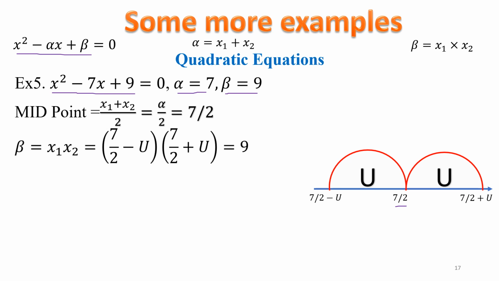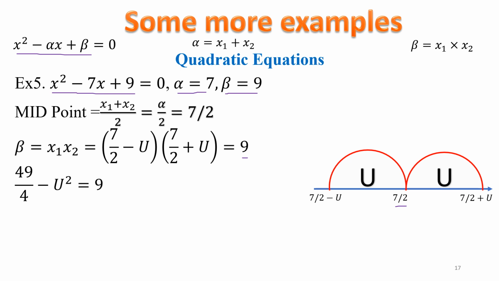The only part is we are left to find out u, and beta is equal to x1 into x2. We are exploring beta, we already know it is 9, and the product of two roots 7 by 2 minus u, 7 by 2 plus u can be solved for u, and 49 upon 4 minus u square is equal to 9.